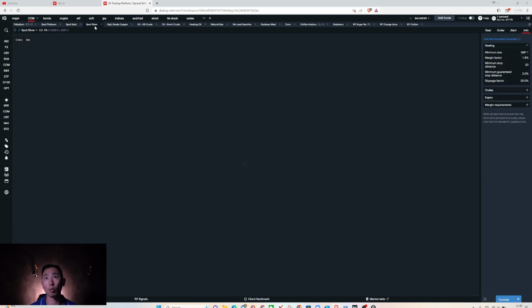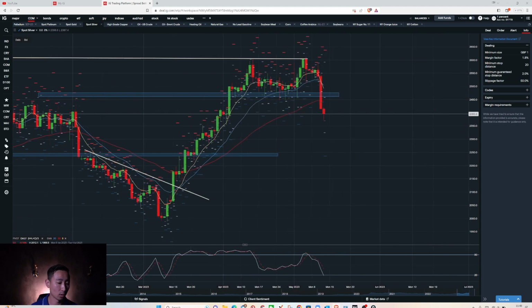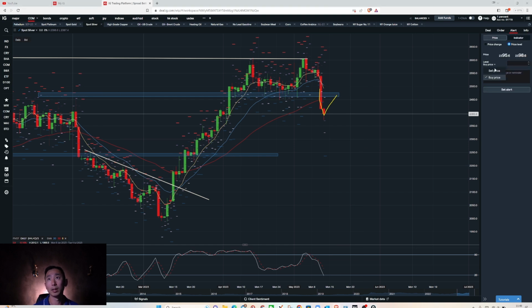Silver is showing some weakness, but because gold is conflicting, I could still sell silver through here, depending what's happening in bonds, what's happening with yen. But keep an eye on this area here, which is the 2462. Now I'm going to set an alert here, so that way I will remember. So 2460. Again, fantastic service from IG.